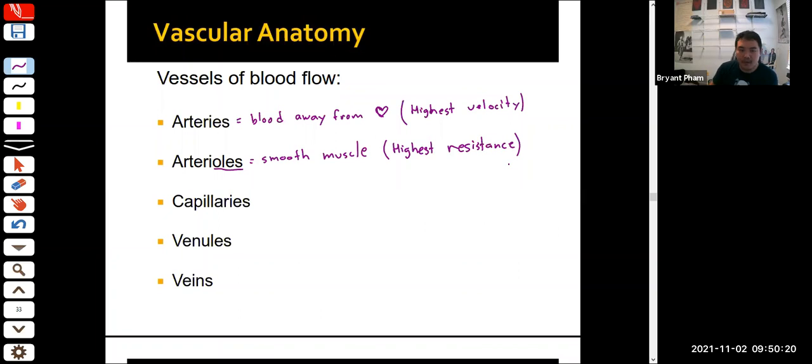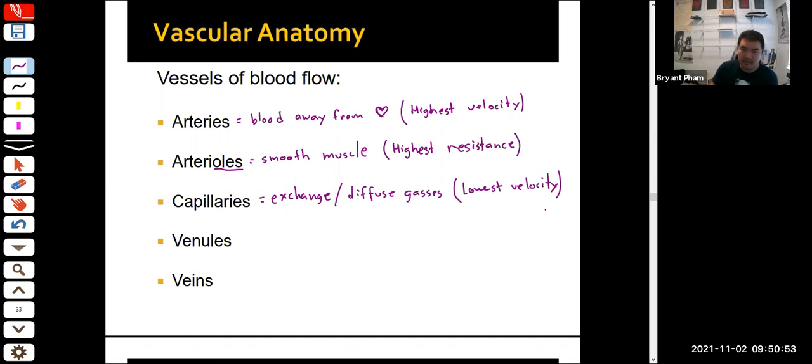Okay. Your capillaries, that's your exchange site, where we exchange and diffuse gases. This is where we see the lowest velocity.